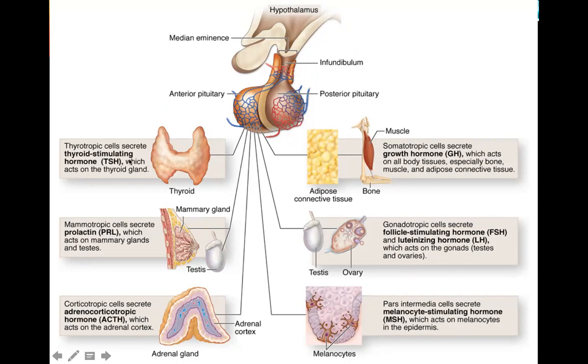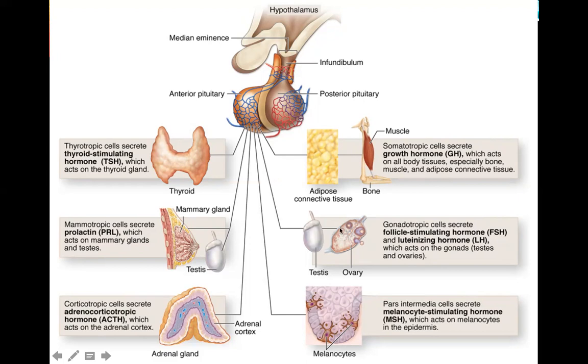The thyrotrophic cells secrete TSH, which acts on the thyroid gland. The mammotrophic cells secrete prolactin, which acts on the mammary glands and testes. The corticotropic cells secrete ACTH, which acts on the adrenal cortex. The somatotropic cells secrete growth hormone, which acts on all body tissues, especially the bones, the muscles, and the adipose connective tissue, anything to do with growth and development.